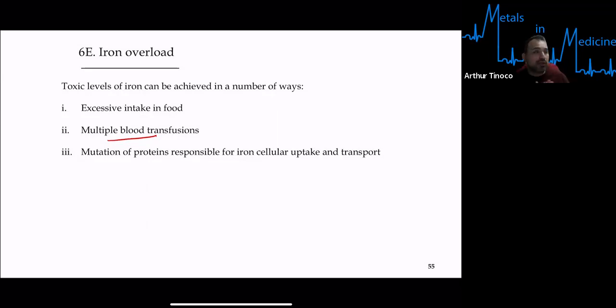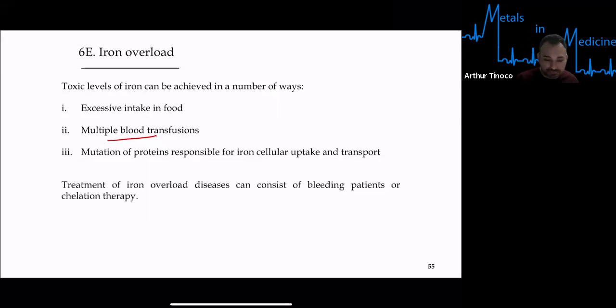I've only given you a simplified view of how iron gets into our cells, but there are a lot of proteins involved in this process, especially in the signaling for sensing how much iron is in our blood and sensing how much iron needs to be released. And so if there are mutations in any of these proteins in this pathway that control iron homeostasis, that can lead to this overload of iron.